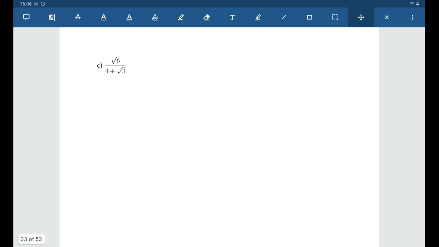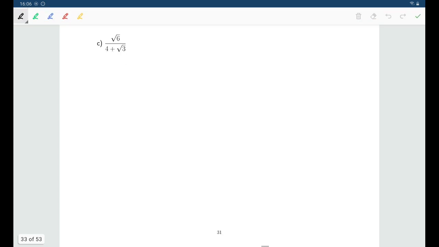One little last one to do, just as another example. If I were looking at root of 6 divided by 4 plus root of 3, and I want to rationalize that denominator, I will multiply top and bottom by the conjugate, 4 minus root of 3.